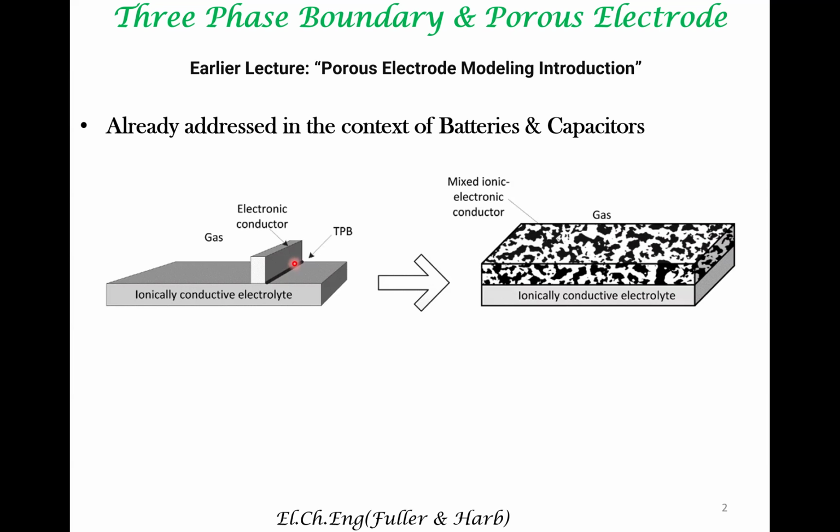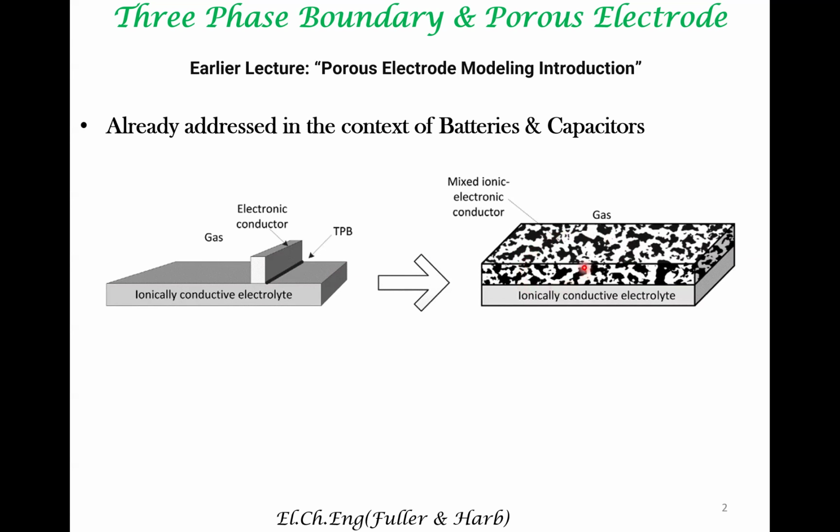This is not very advantageous because the area wherein this three-phase boundary occurs is very limited. As opposed to this kind of system, if we have a system wherein there is three-dimensional porosity, you can increase the interfacial area wherein the three-phase boundary can be present.